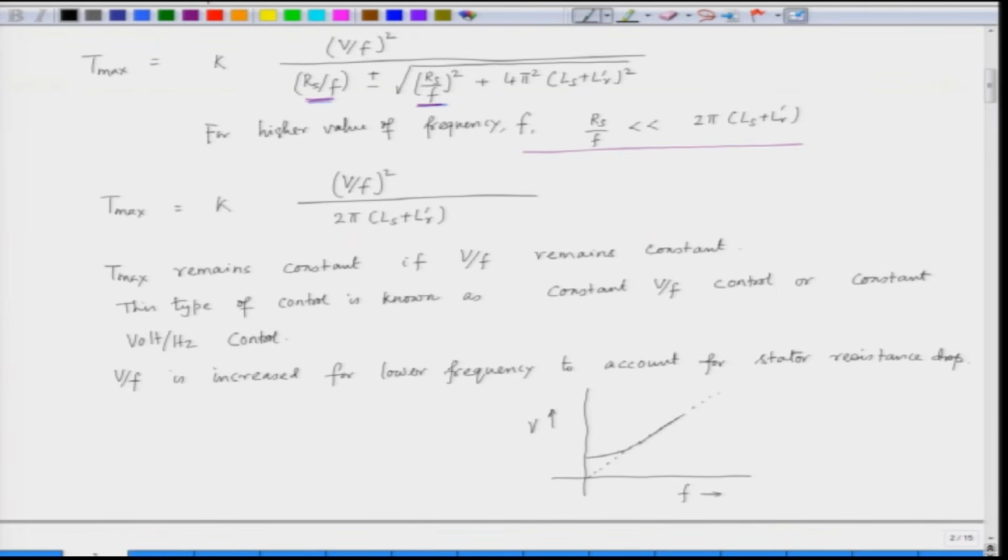So, this is our function that we have to follow. Now, given a frequency we have to find out the corresponding voltage. So, if we are given a frequency we can use this function and find out the corresponding voltage.